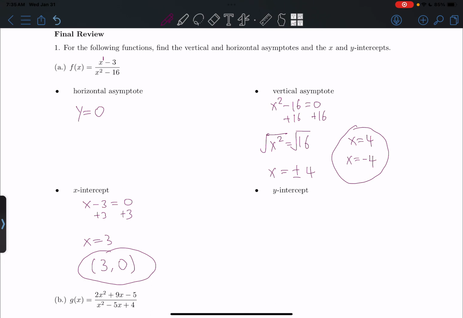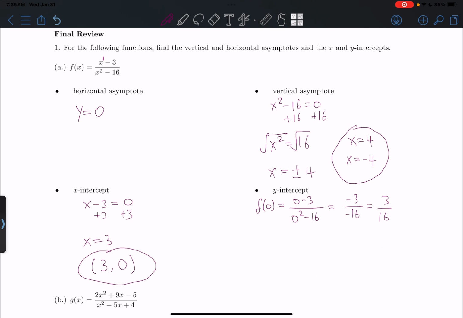Last but not least, y-intercept. This one you plug in x equal to 0. So you just find f of 0, which is equal to 0 minus 3 over 0 squared minus 16. And the answer for that one is negative 3 over negative 16, which is equal to 3 over 16.